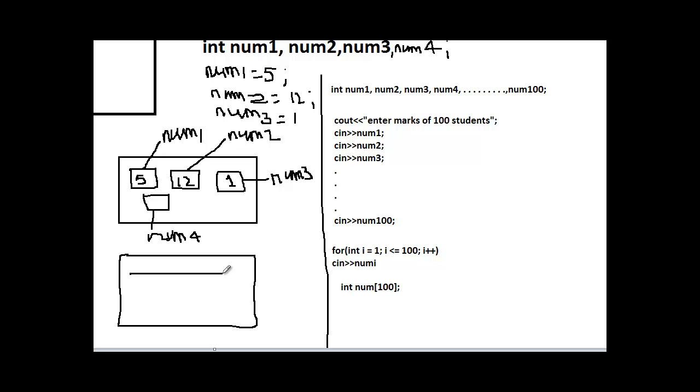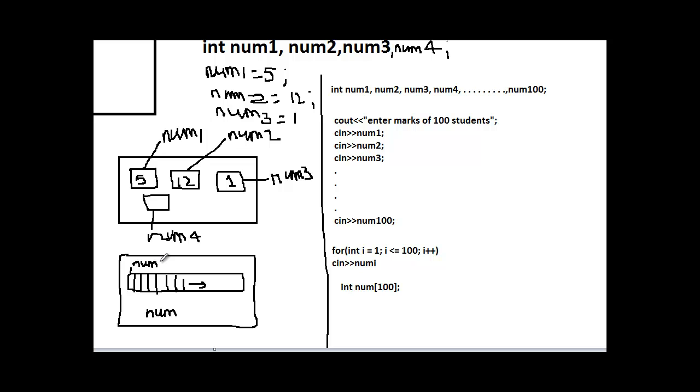This whole memory block will be called num. Here one integer can be stored, here another integer can be stored, and so on up to 100 integers.